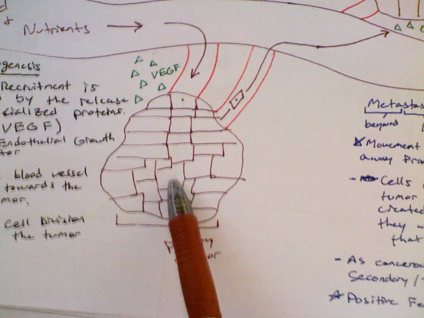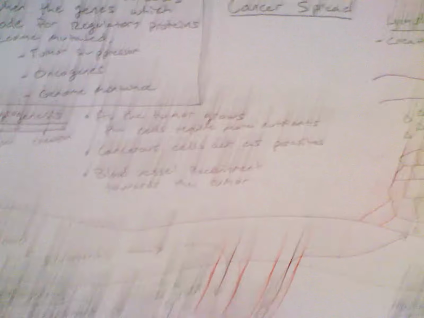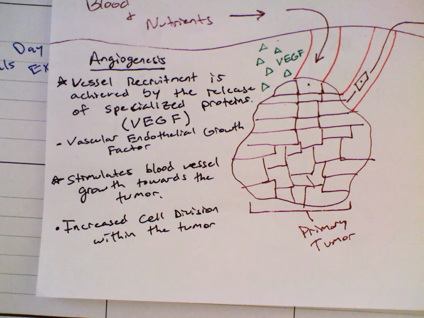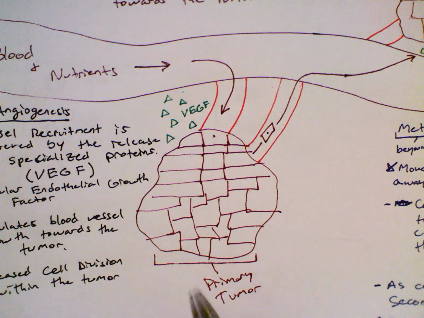As the primary tumor gets bigger, it's going to require more nutrients because there's more tissue to feed. And in order to get those nutrients, these cancerous cells will perform angiogenesis, where they are going to be recruiting blood vessels to form off of neighboring blood vessels and directly link in to the tumor, which is going to supply an unlimited amount of nutrients to that primary tumor.